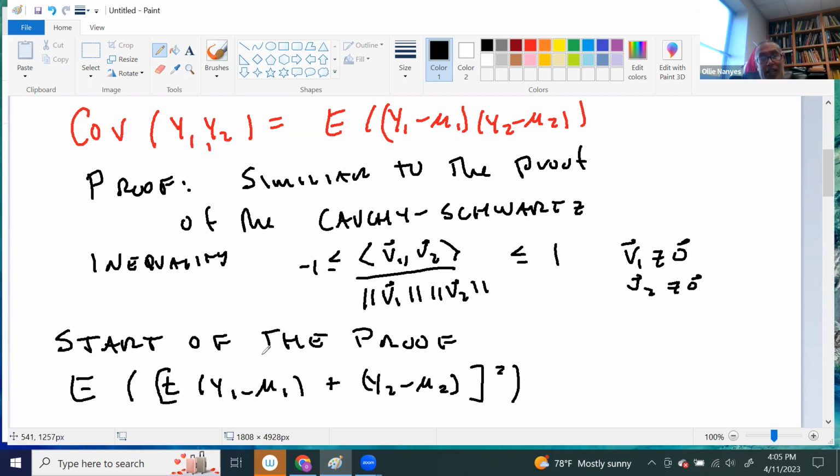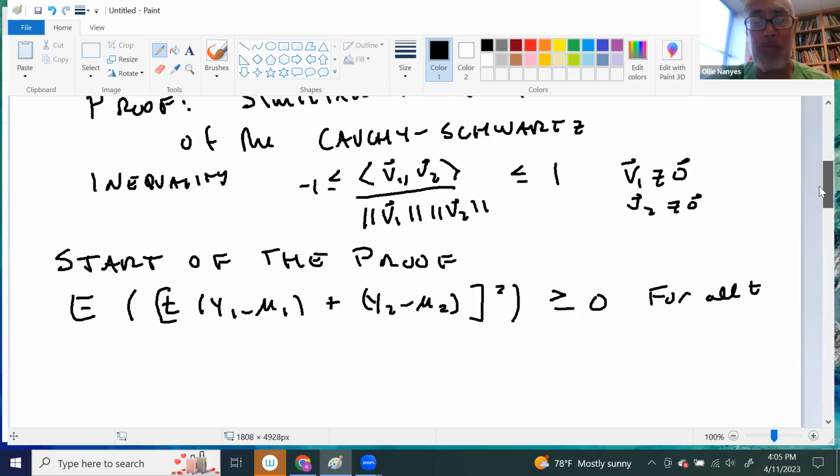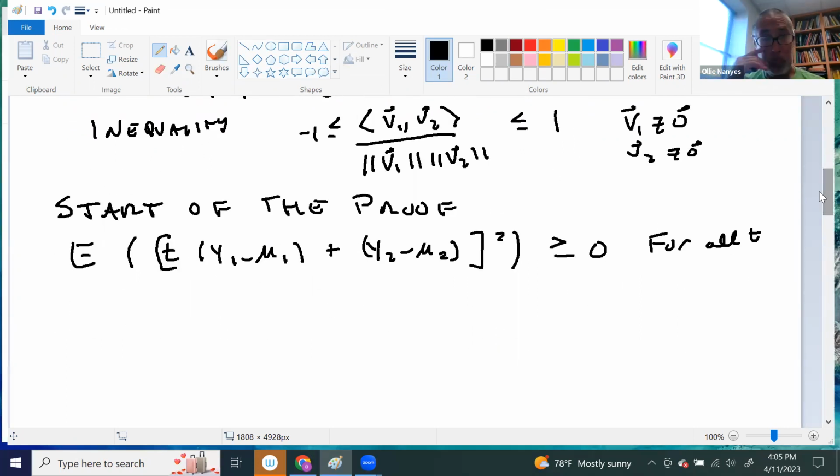Because you're taking the expectation of something that's guaranteed to be non-negative, you know for a fact that it's going to be greater than or equal to 0 for all t. Now that's going to be important. t is just some scalar variable.